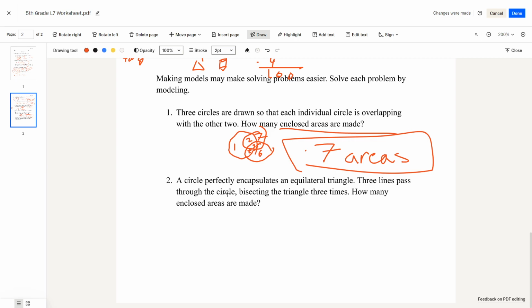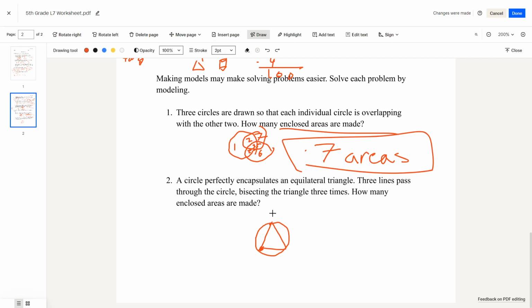A circle perfectly encapsulates an equilateral triangle. One second. Let me just draw out the model here. Perfectly encapsulating an equilateral triangle. Imagine that these two sides are like stuck together. 3 lines pass through the circle, bisecting the triangle 3 times. How many enclosed areas are made?